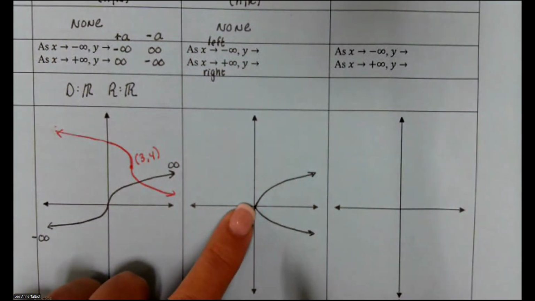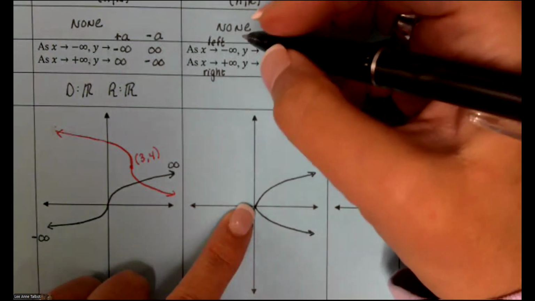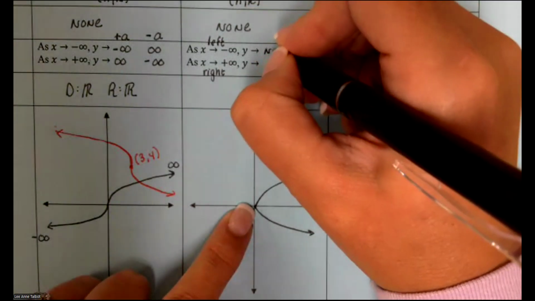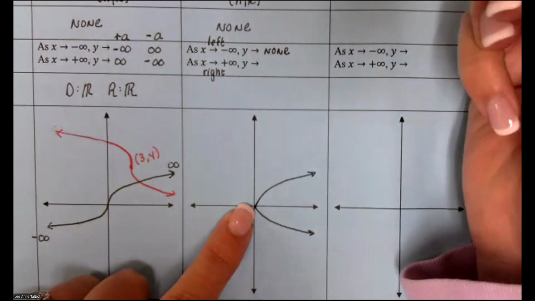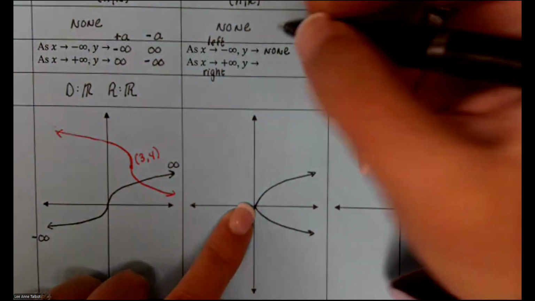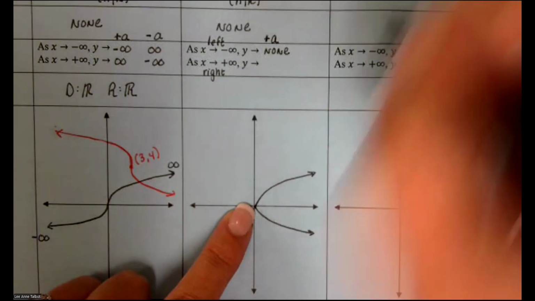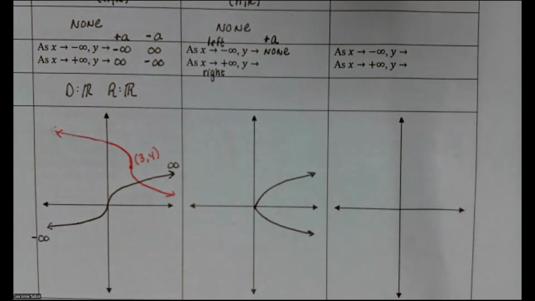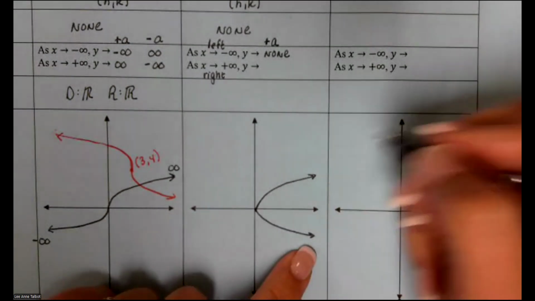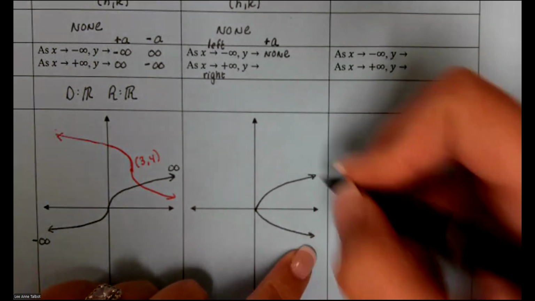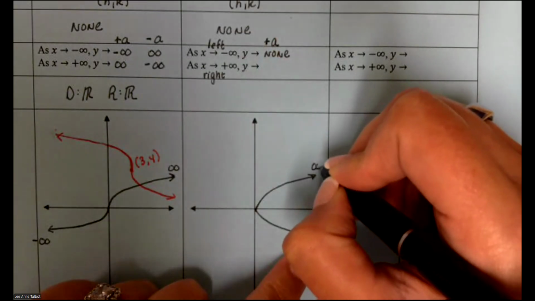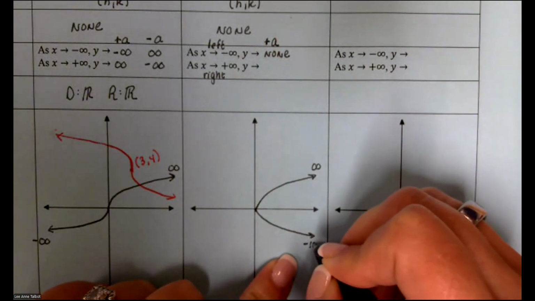There is no left arrow. So there's no left end behavior. And I'm going to make sure that I mark that for a positive A, which is what we're doing right now. Now there are two right arrows. This one's going up, this one's going down.